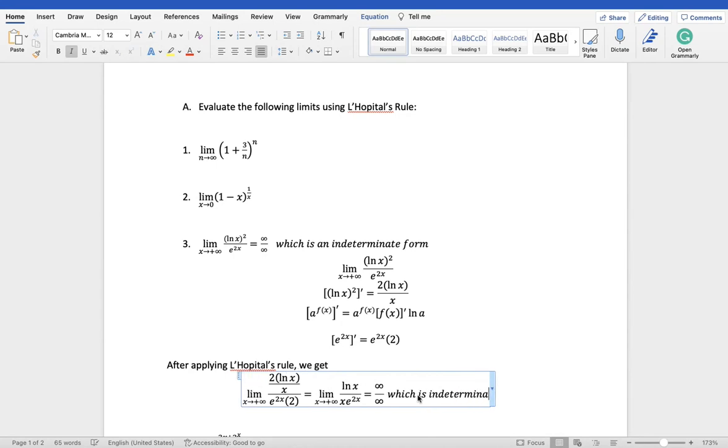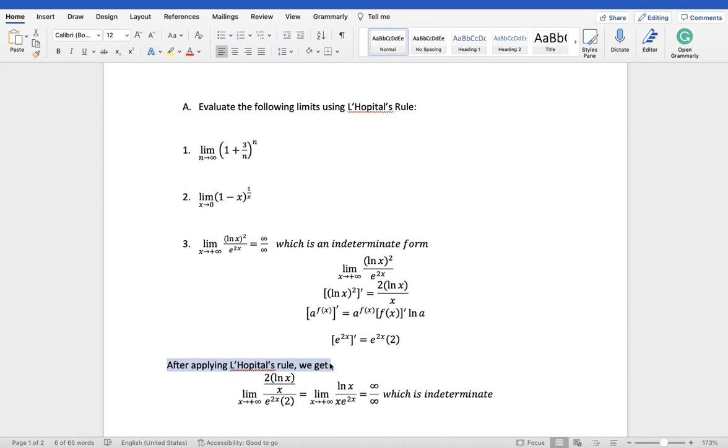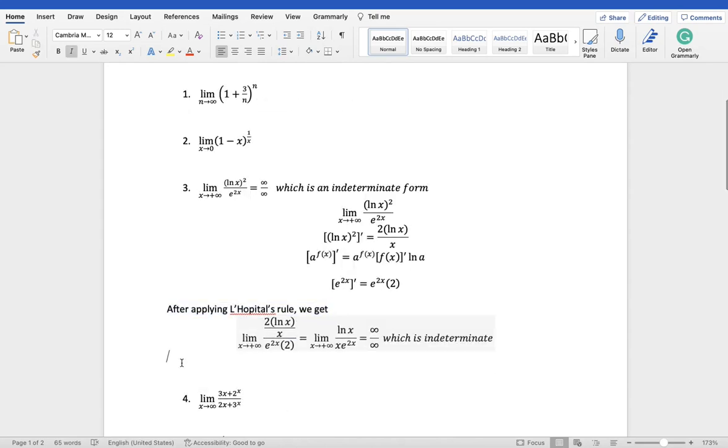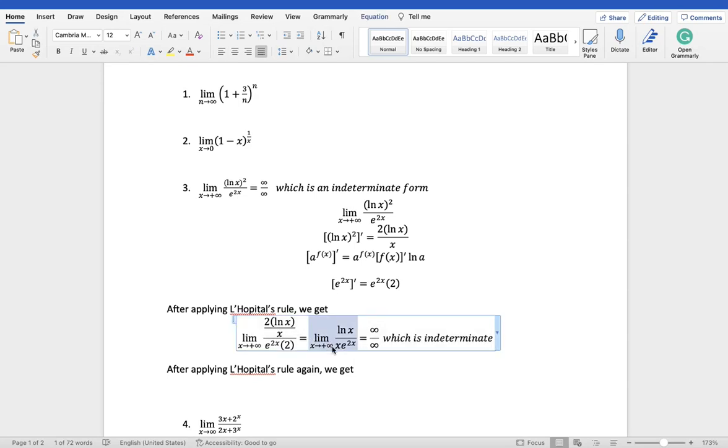So we apply L'Hopital's rule again. After applying L'Hopital's rule again, we get, I'll just copy this and then we'll change it.